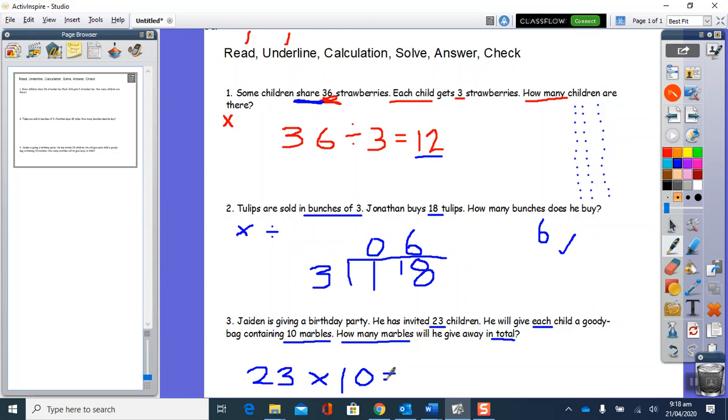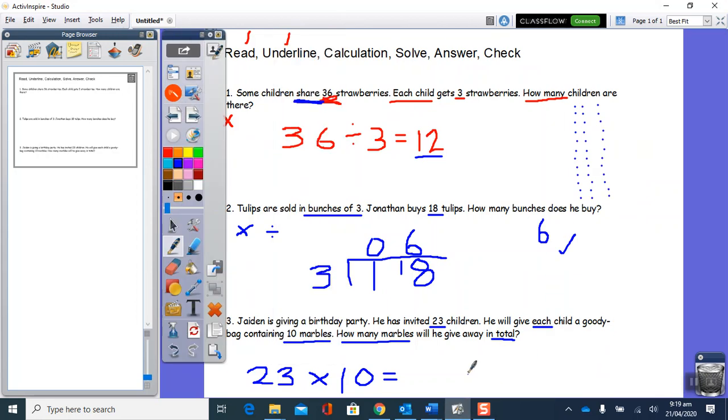I know my 10 times tables. I could count up in tens until I get to 23 times 10. But I also know a little bit of a trick.